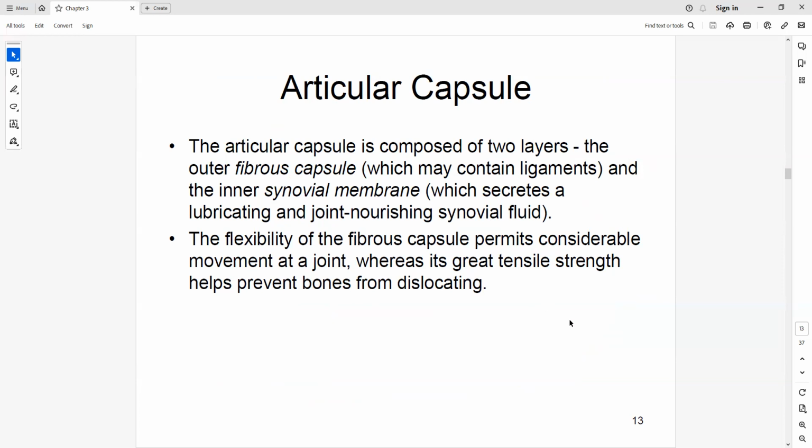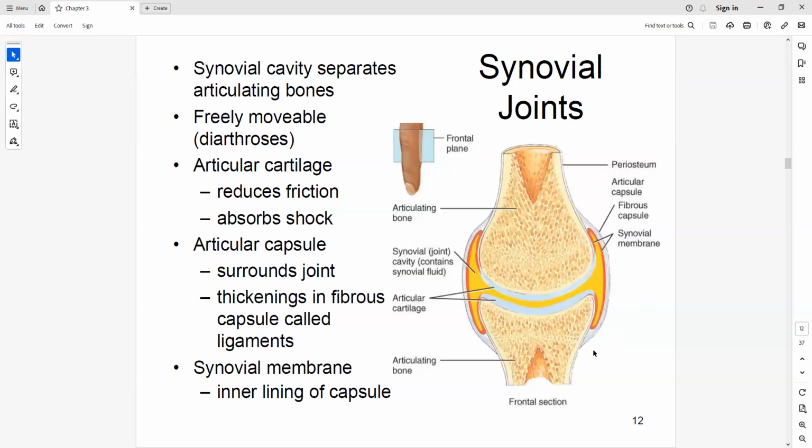When we look at the articular capsule, this is a tough fibrous tissue, and I'm going to come back one slide to show you this thick fibrous nature of the capsule. We'll be seeing in a few minutes that the intercapsular ligaments can be very, very strong and can connect bones to each other, like you see here in this example.